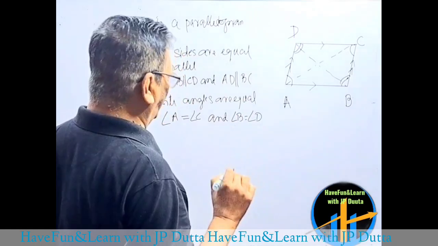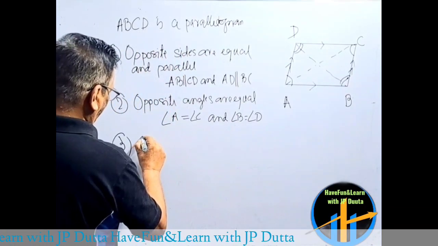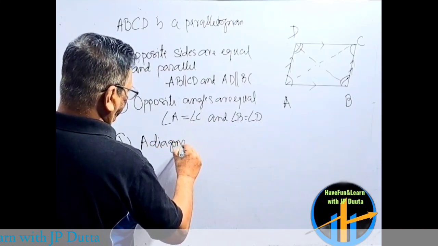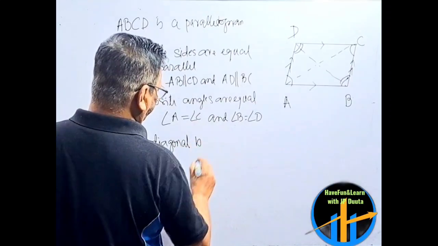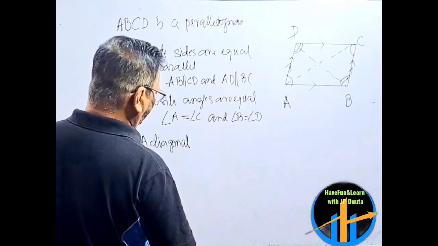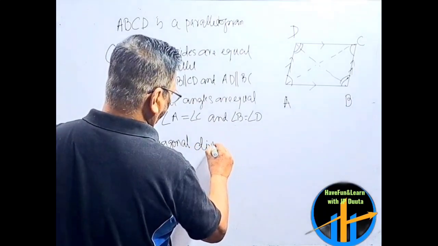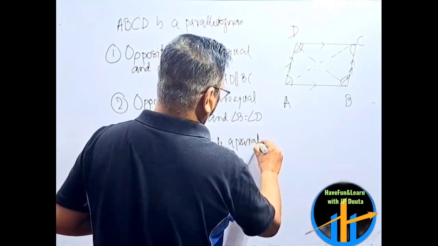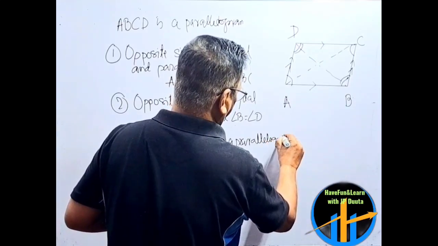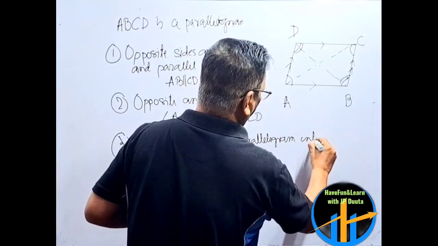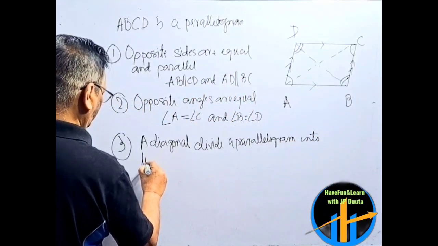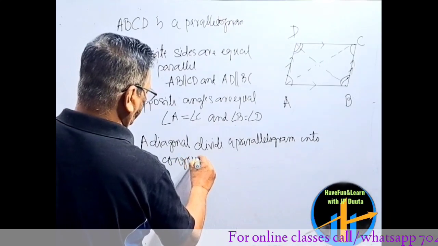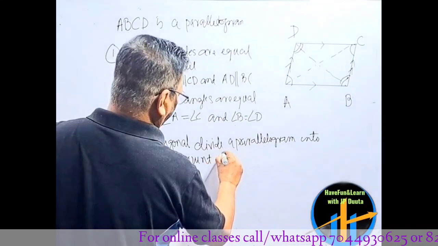Now if you talk about one diagonal AC, a diagonal bisects or divides a parallelogram into two congruent triangles.